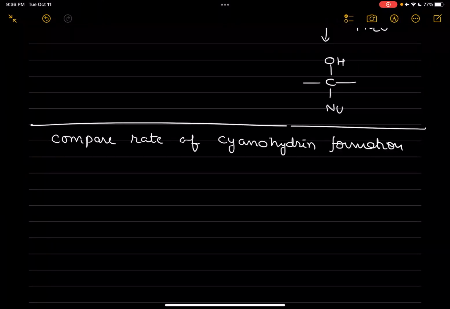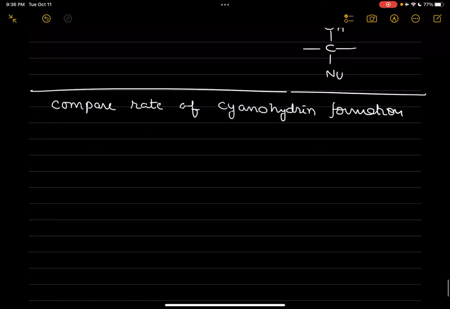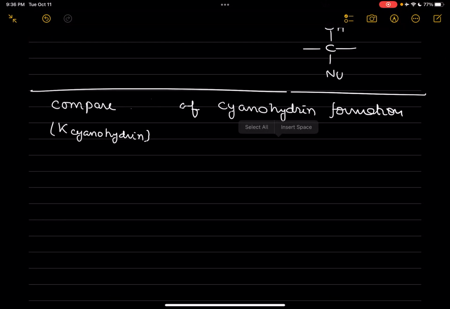Compare the rate or equilibrium constant for cyanohydrin formation. Who can form cyanohydrin more easily? Compare.